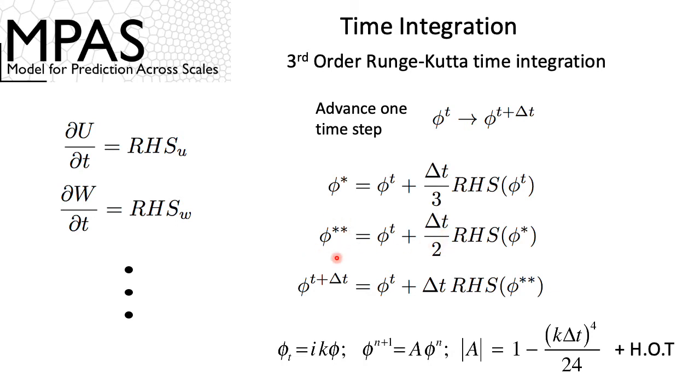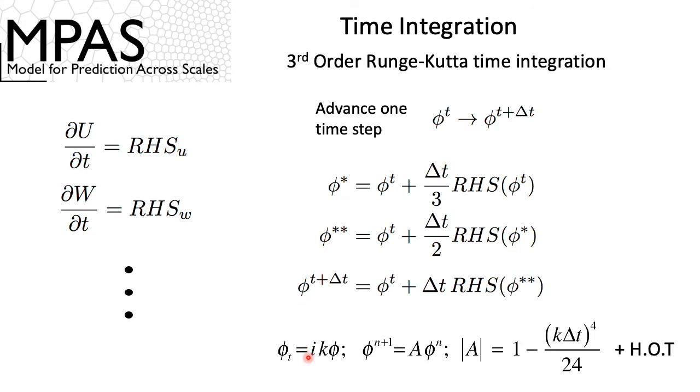And that gives us yet another predictor, this phi star star, superscript star star. And then we evaluate the right-hand side terms once again using that latest predictor, and then we take the full time step to time t plus delta t. That is the third order time integration scheme that is used in Empath-Atmosphere.